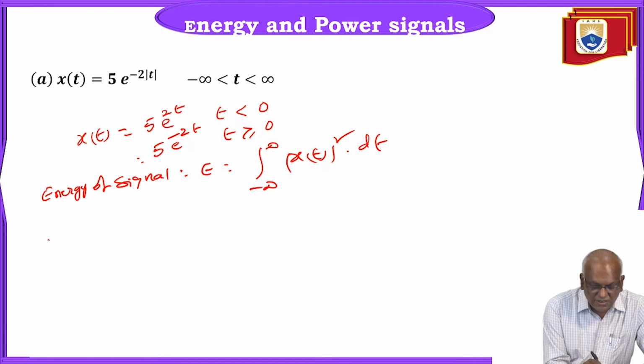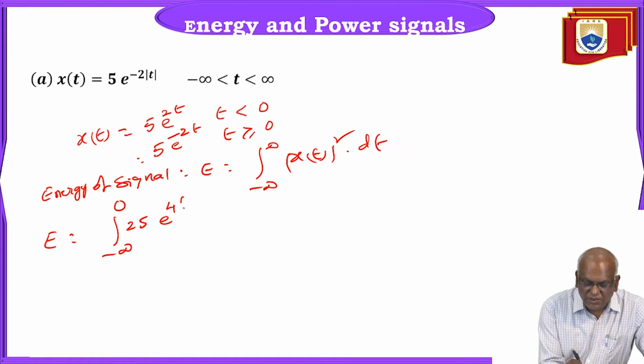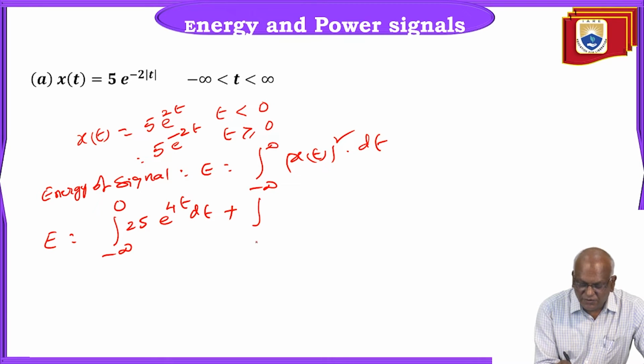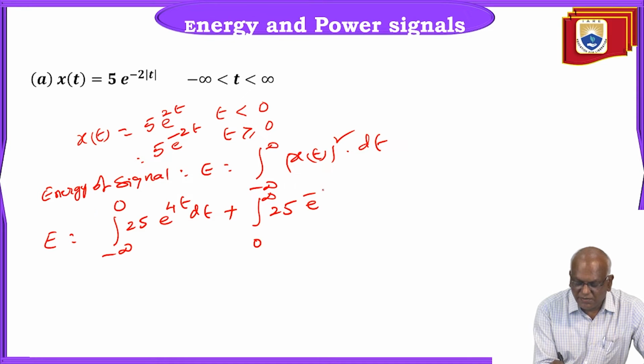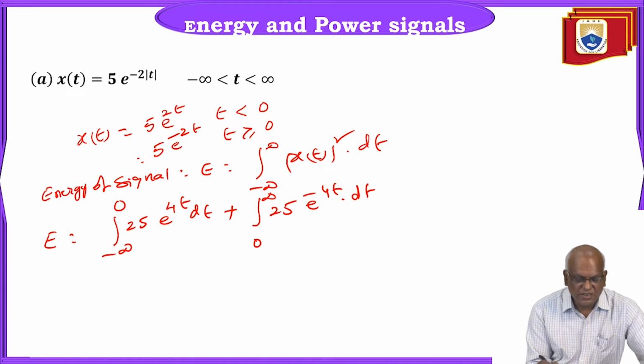Now we can write E equal to the integral from minus infinity to 0. What is x of t? X of t is equal to 5 times e power 2t. The square value is 25 times e power 4t dt, plus the integral from 0 to infinity of 25 times e power minus 4t dt. These are based on the given signal.